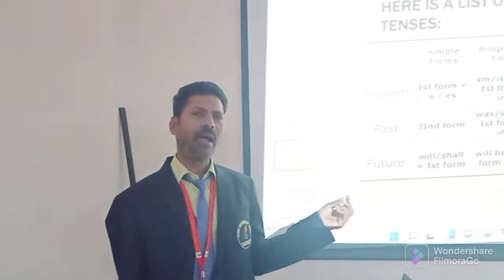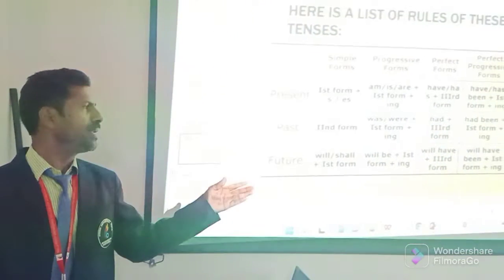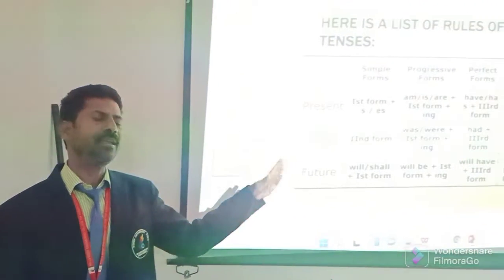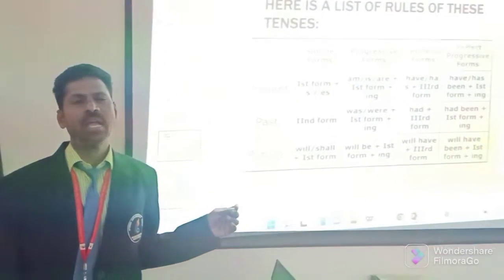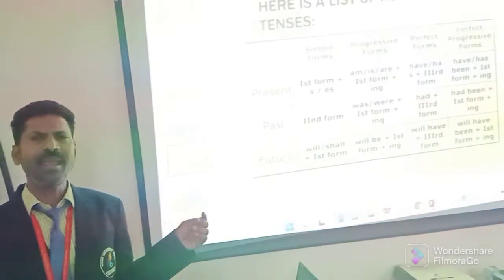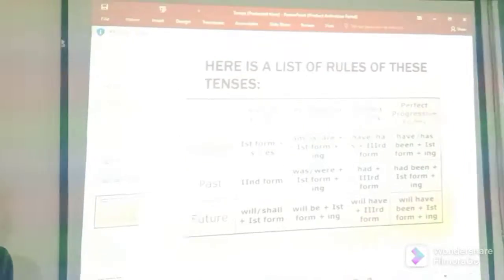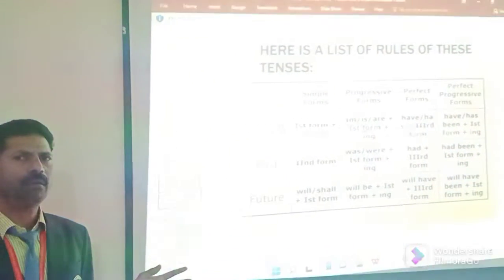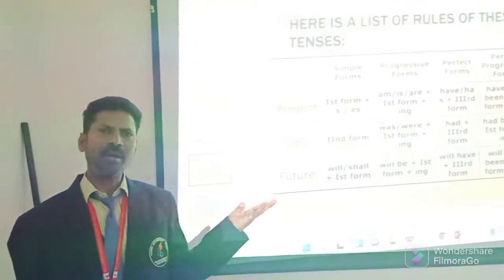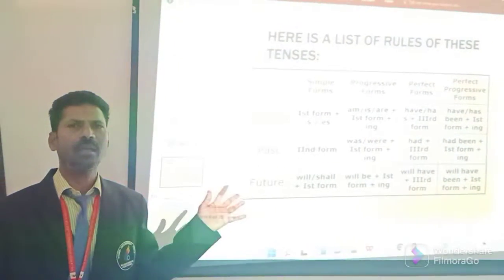And similarly, the activity which is going to be completed in the future can be said in the future perfect tense. I will have completed my study by 2024, for example. That one is not yet completed; we can say it like that.